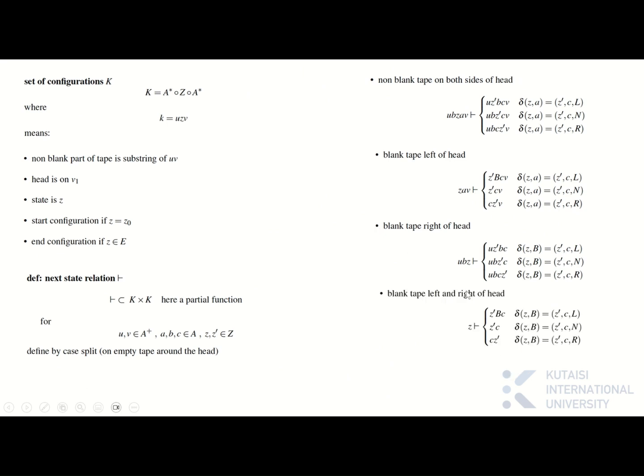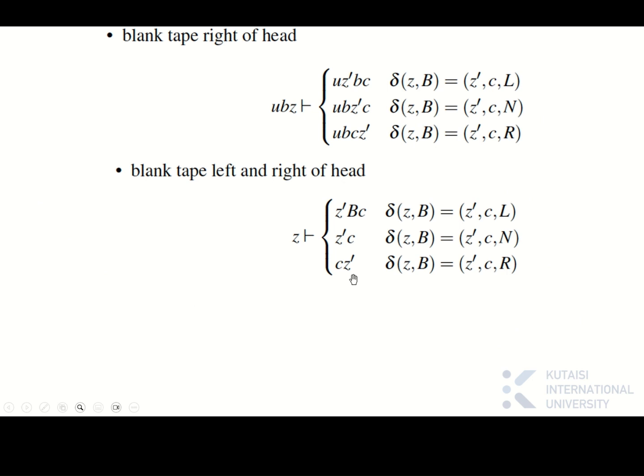Okay, there's only the fourth option here, which is, what if your configuration is just Z? Meaning the whole tape is completely empty. There is nothing written here. If you think of configuration as something looking at the tape, but let me stress that this is just a mathematical way to write things. I'm syntactically defining what it means to have a next step.